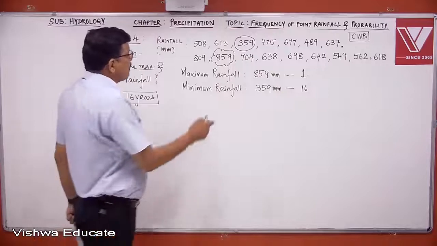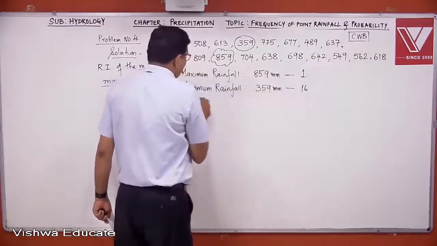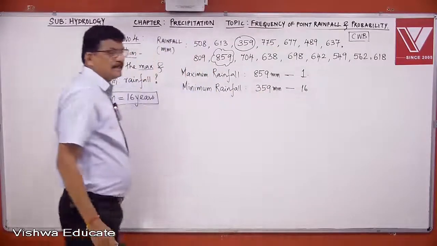So you can see here, of the 16, the rank of the maximum rainfall obviously will be 1, and for the minimum rainfall it will be 16.